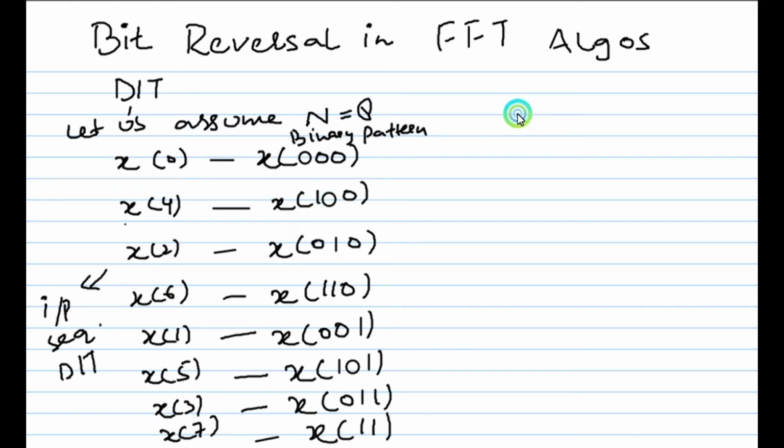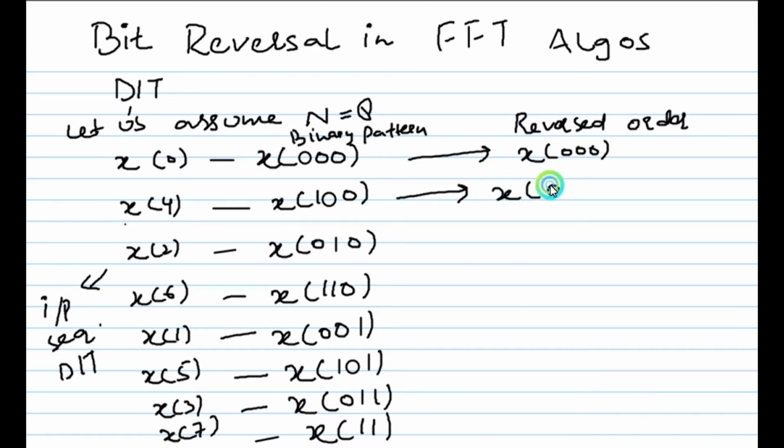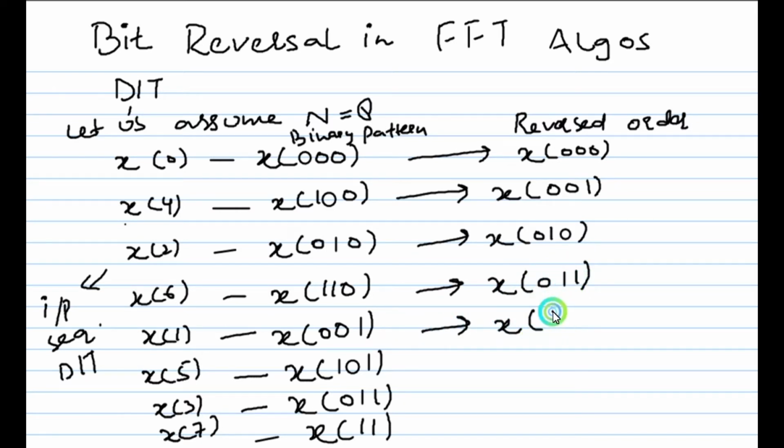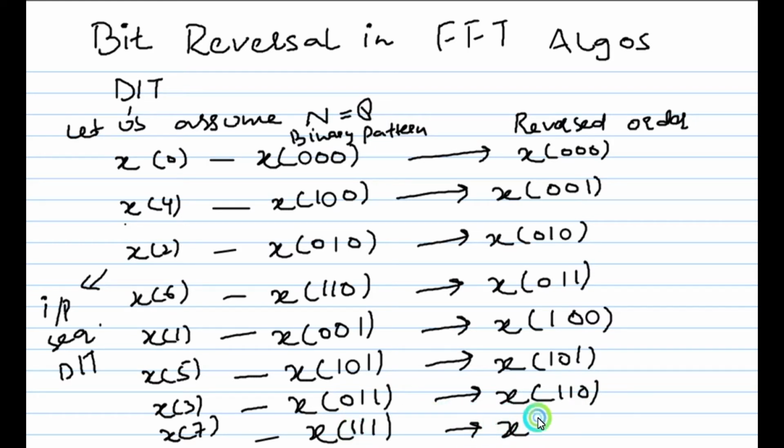So if I reverse them, the reversed order will be x of 0 0 0, then x of 0 0 1, then x of 0 1 0, then x of 0 1 1, then x of 1 0 0, then x of 1 0 1, then x of 1 1 0, and finally x of 1 1 1.